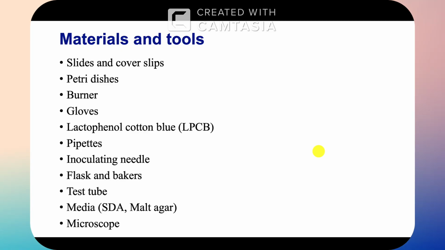In our practical, we need, of course, media and petri dishes, slides, cover slides, pipettes, and test tubes. We need SDA media and malt agar media. Those both media we are going to work with and do the inoculation and isolation on.